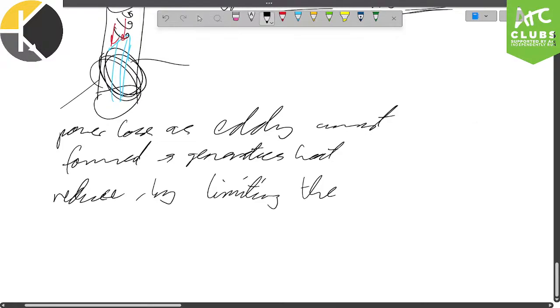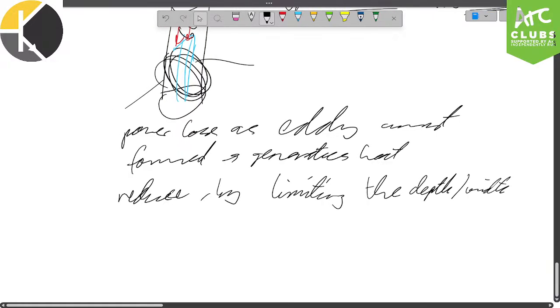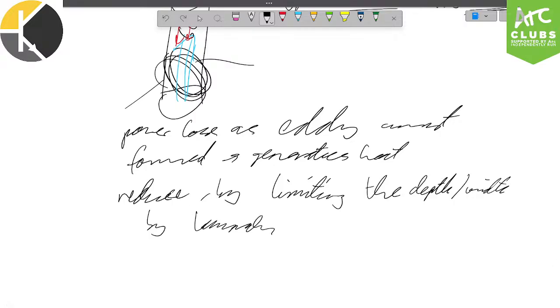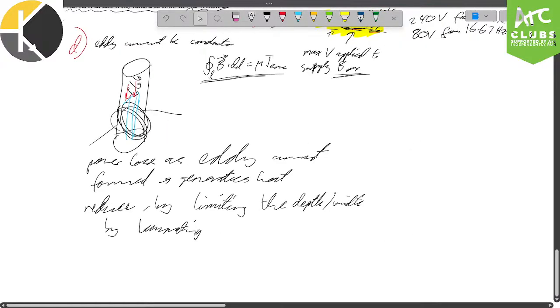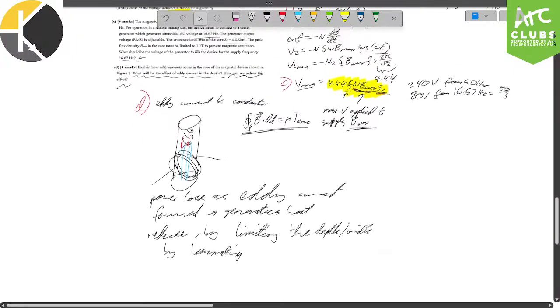So limiting the depth/width by laminating. So we are cutting down the eddy currents by reducing the plane in which they can generate and lose energy. So there's less of a conducting zone for that.